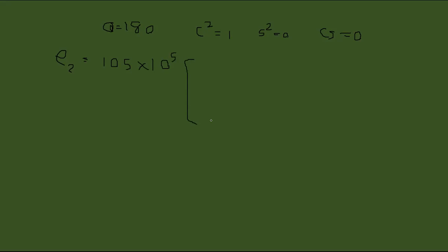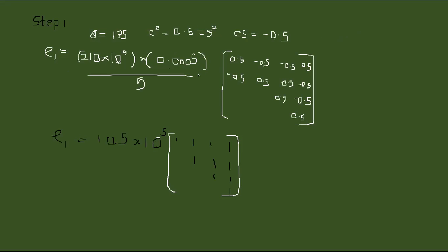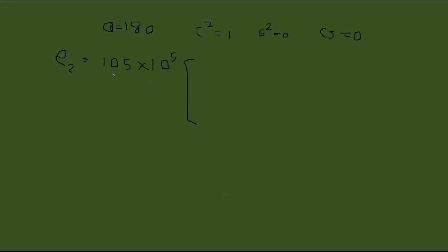In the previous matrix, the length was 5. Other things are similar with element 2 as well. But in here, you will have only 1, 0, 0, 0.